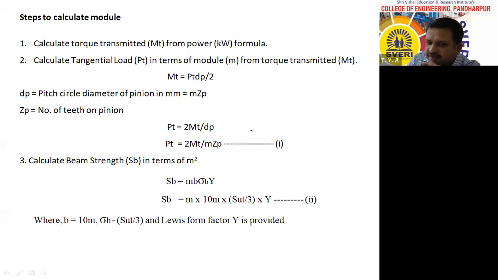So M into 10M into SUT divided by 3 into Y. Therefore, B is equal to 10M, sigma B is equal to SUT divided by 3, and Levy's form factor Y is provided in the problem. Therefore, you will get the value of SB in terms of M square.